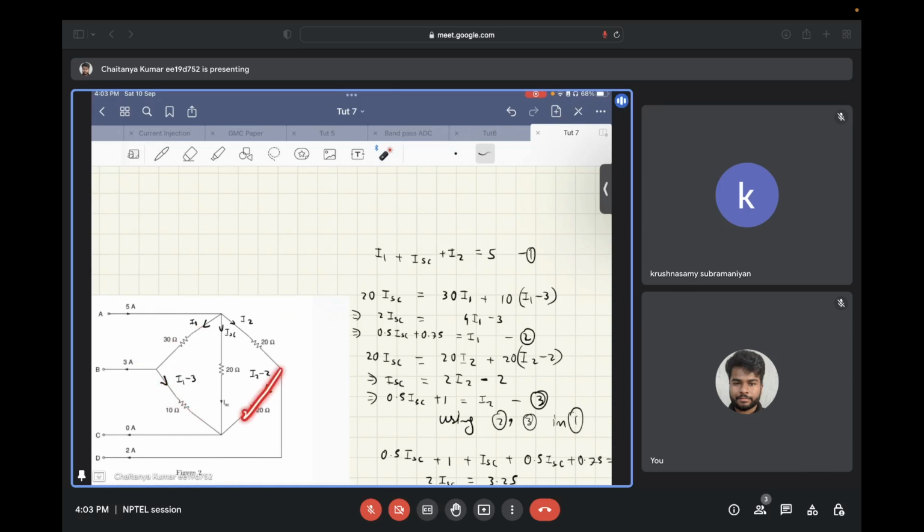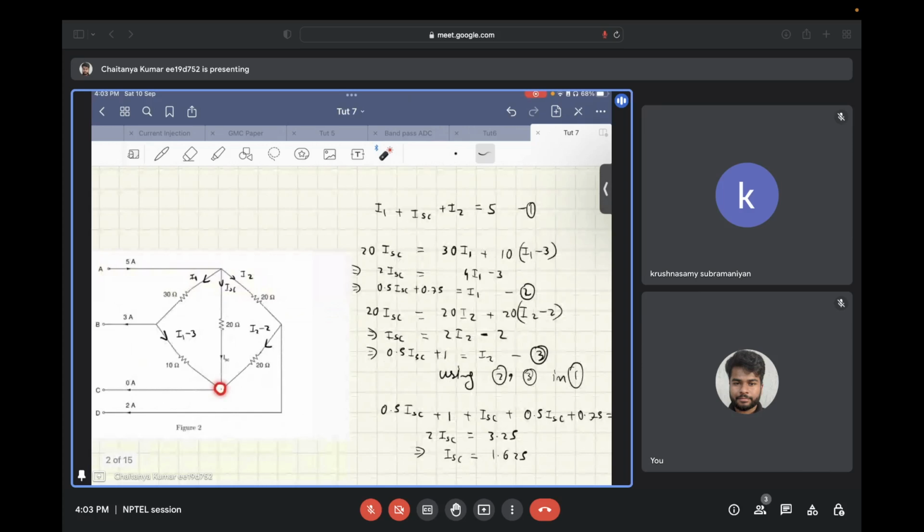Similarly, I2 minus 2 will be flowing through this 20 ohm branch. Now, let's say we try to apply the KCL at this node, then again, what we end up with is ISC plus I1 minus 3 plus I2 minus 2 is equal to 0. That means ISC plus I1 plus I2 is equal to 5. So we don't get any new information, and this equation is pretty much useless if we need to find out the current.